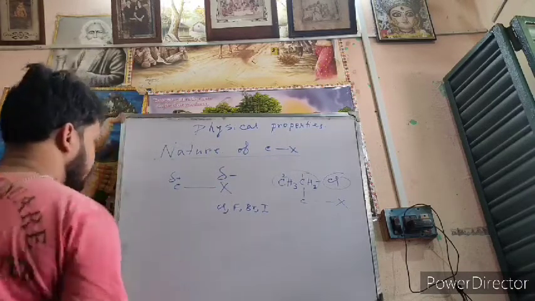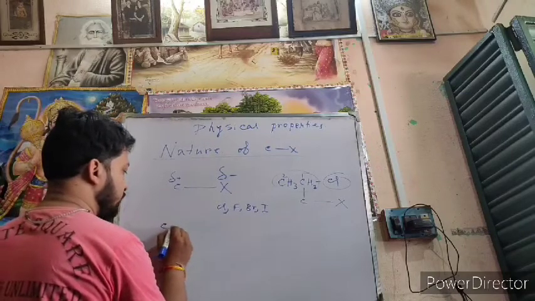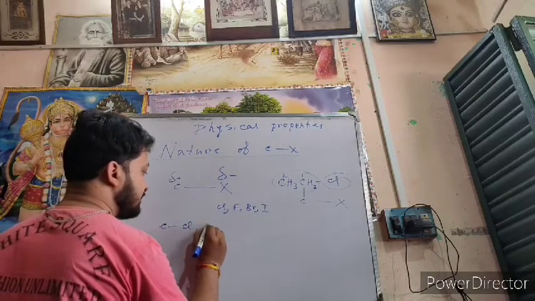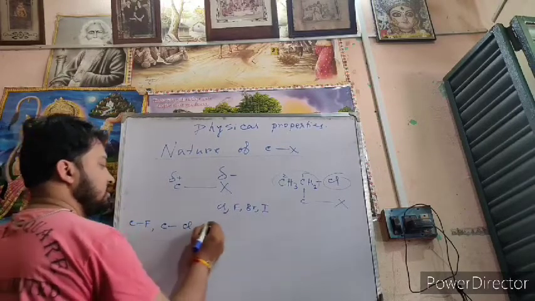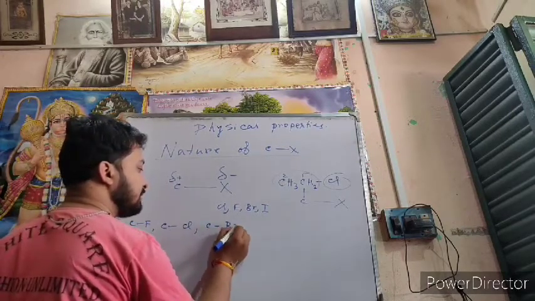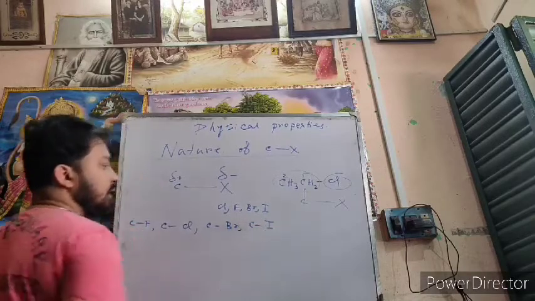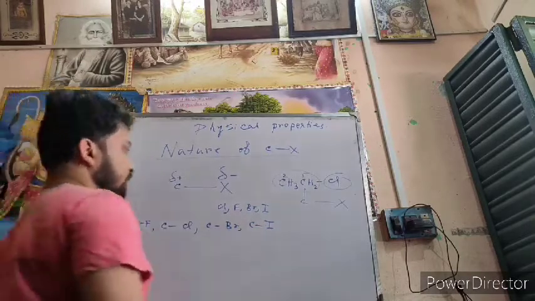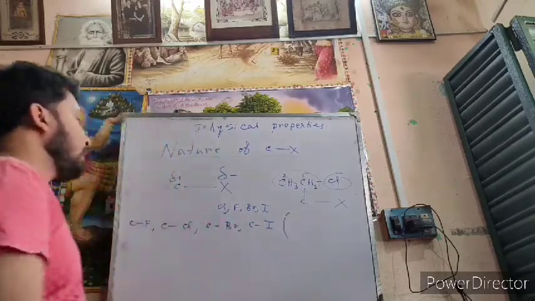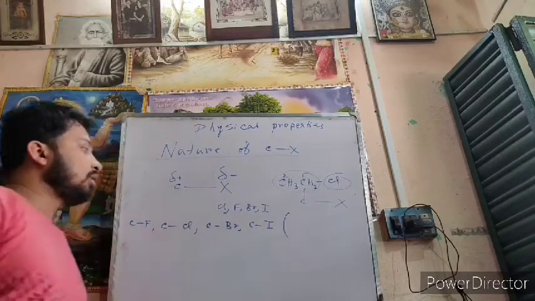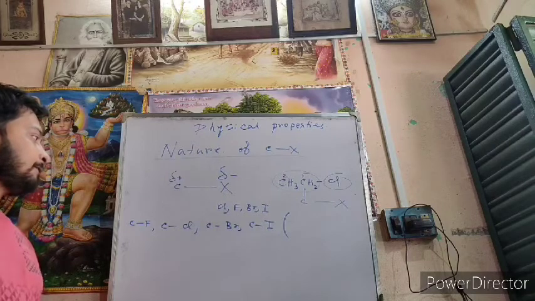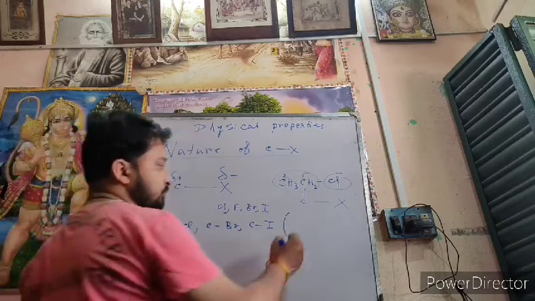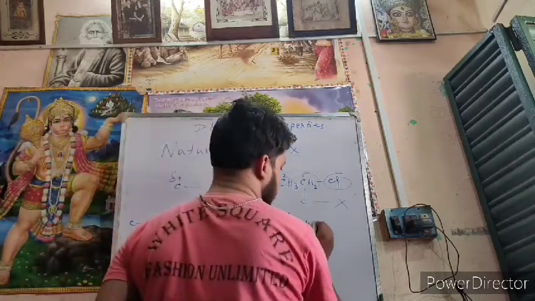Now if we write C-F, C-Cl, C-Br, C-I, the given problem is to arrange the sequence on the basis of bond length.